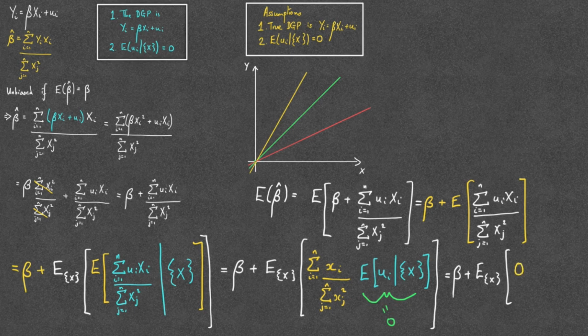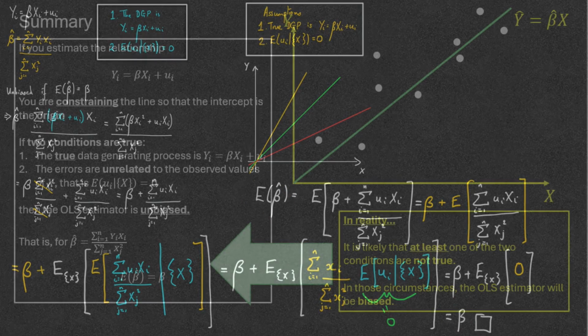So that's the expectation over all possible sets of x of 0, which is just 0. So provided our assumptions are correct, the expectation of beta hat is just equal to beta. And therefore, if our assumptions are correct, the OLS estimator is unbiased.